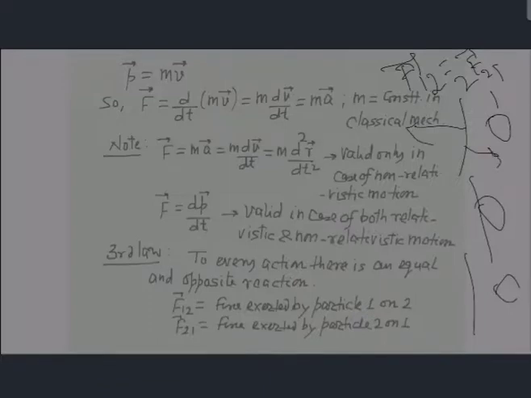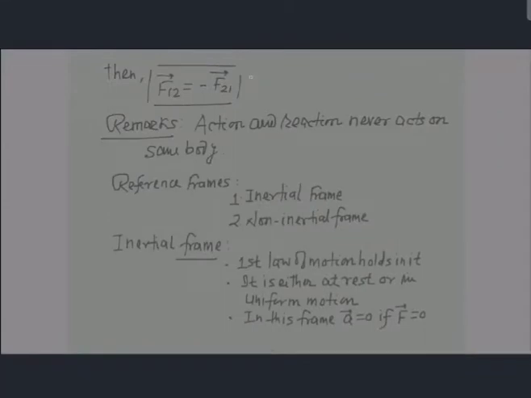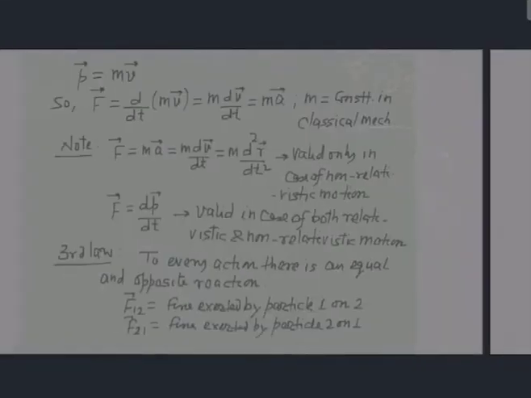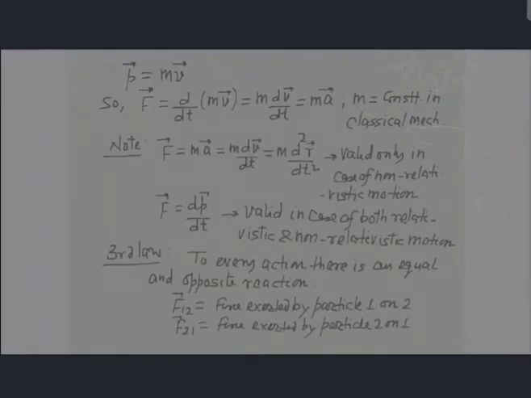So the directions are opposite, and that's why a negative sign is used to express this law. So F12 equals minus F21, where the negative sign just shows that the directions are opposite. This is Newton's third law of motion. But Newton's third law of motion has a limitation.